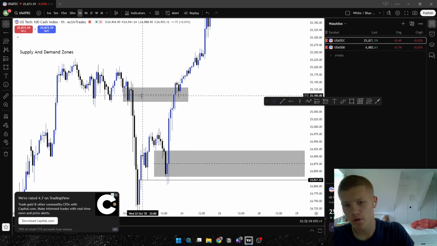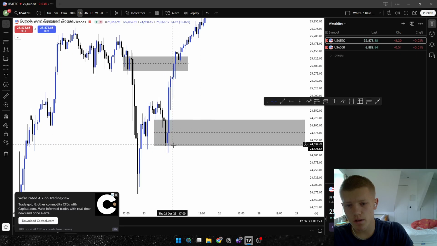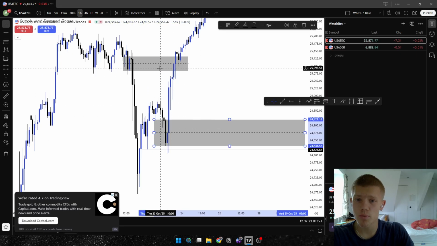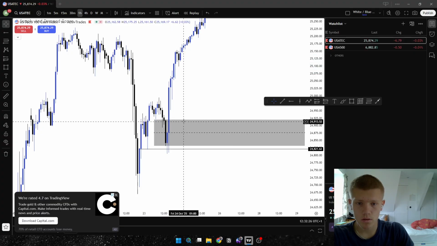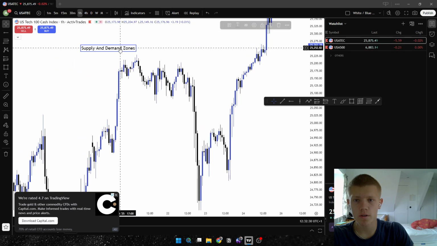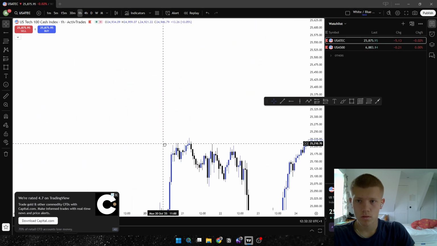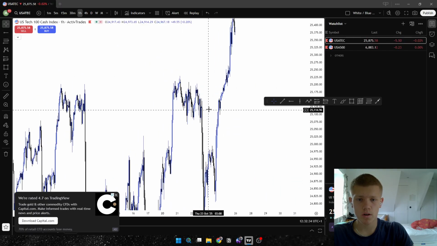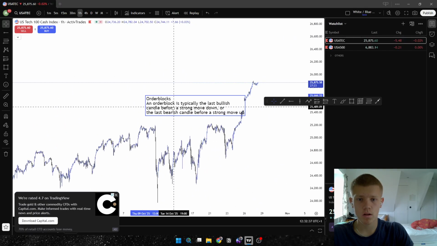Now I'm just spotting them for you guys. It's kind of like supply and demand zones, and it's actually pretty simple. It is just the last move in the opposite direction of a strong move. You can also put it like that. Where did my text go? There.